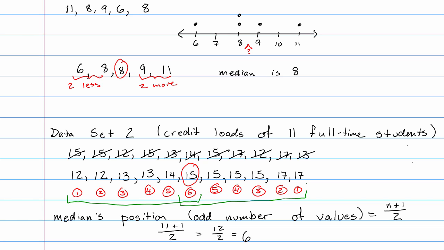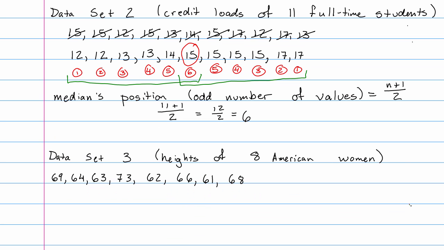Wait a minute. What if I have an even number of values, like in data set 3? So data set 3, we can go through again and put the values in order. Can't find my pen.